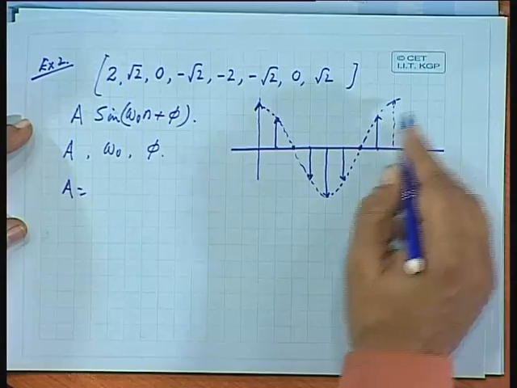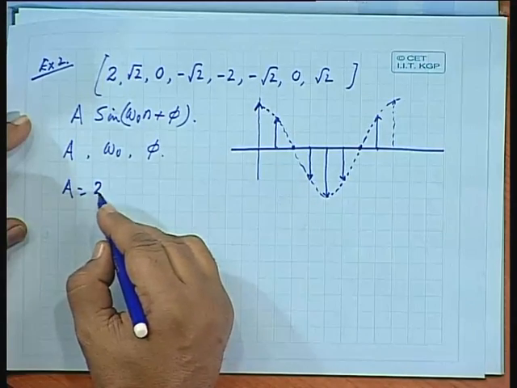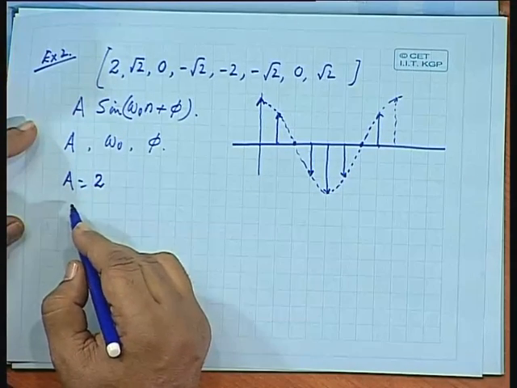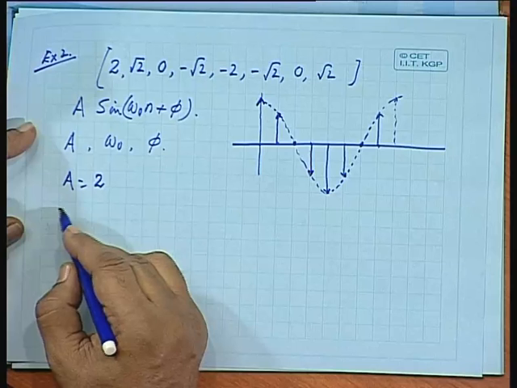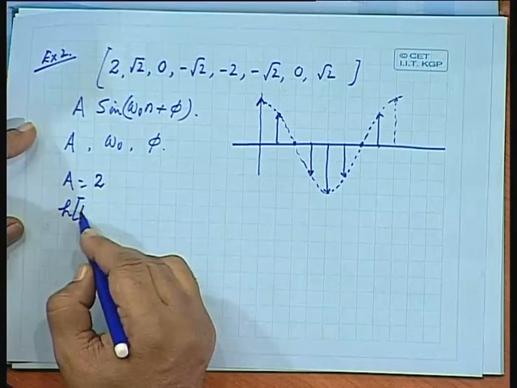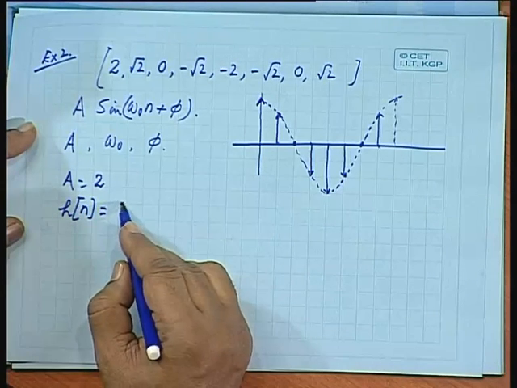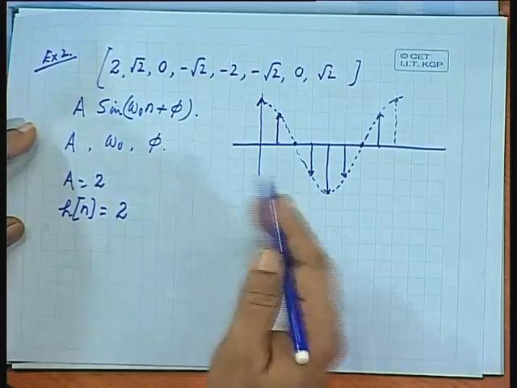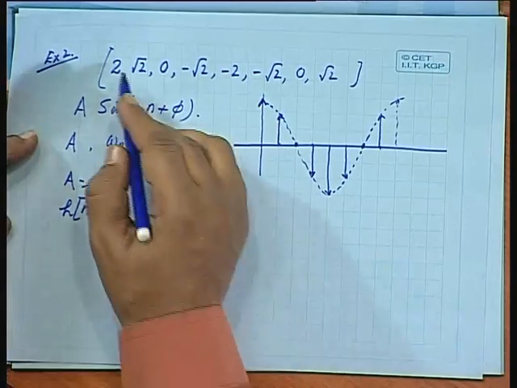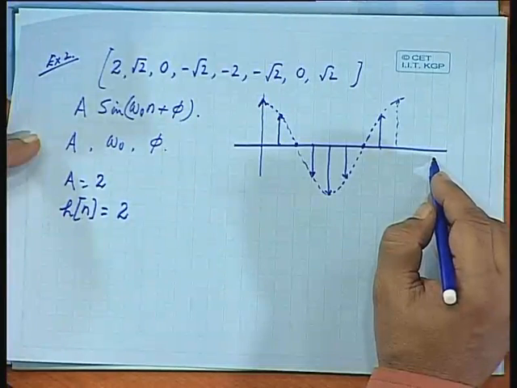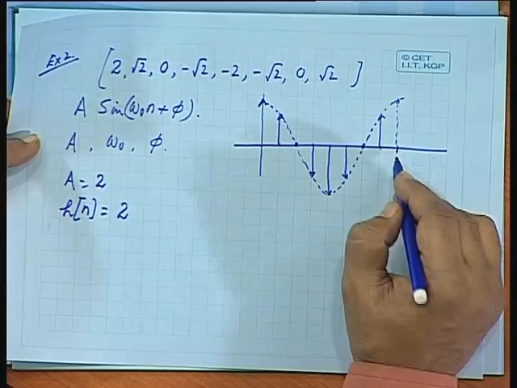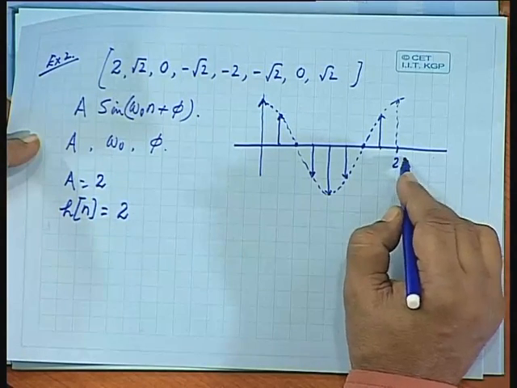What is the expression for this? Okay, A is equal to 2, and then what will be the function? You may be able to write it, we will solve it, because the sequence could have been something else also. Here it is very simple. So, this is 2 pi, okay.